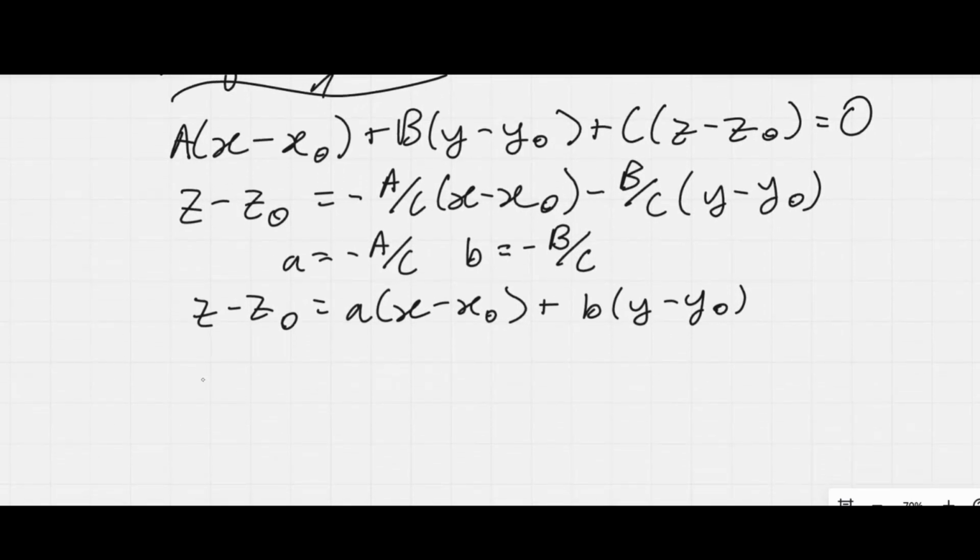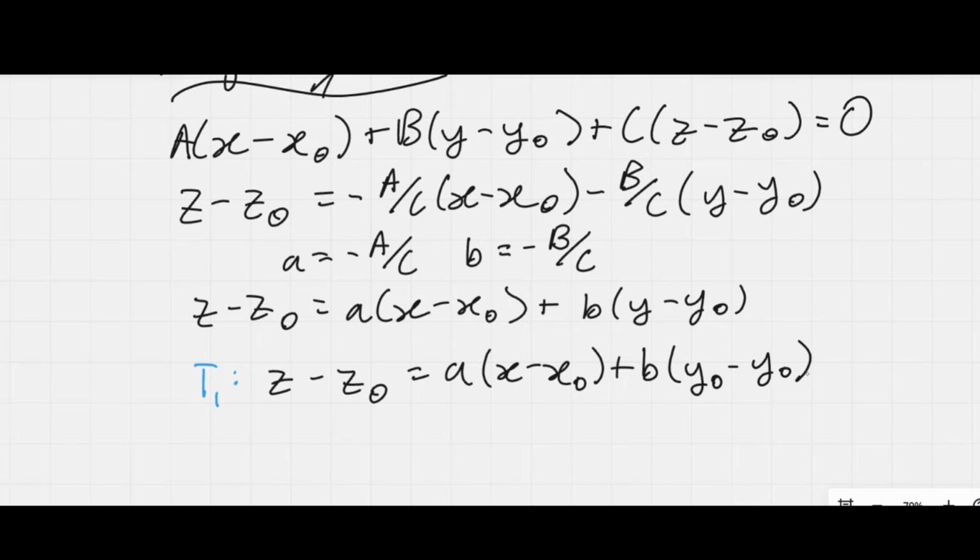And so t1, and we use black over here, is going to be z minus z naught is equal to a(x minus x naught) plus b(y naught minus y naught).